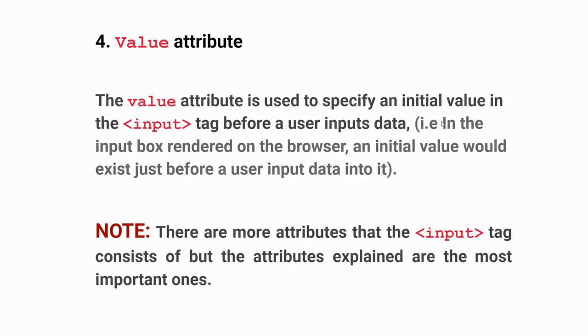The next attribute is the value attribute. Of course, it's not a new thing when you visit a website. Within the box where you are to input your data, you would already meet a particular string there, which is just used to tell you that this is what this particular section of the form is for.